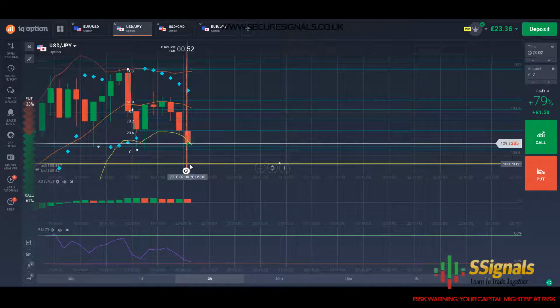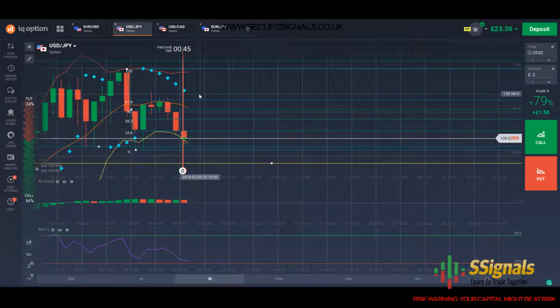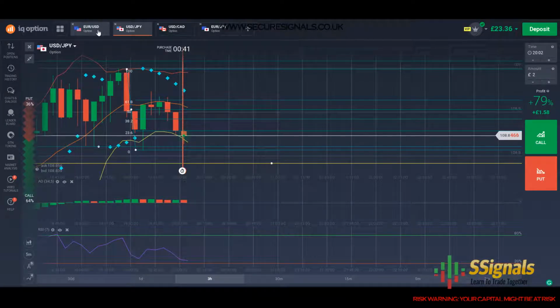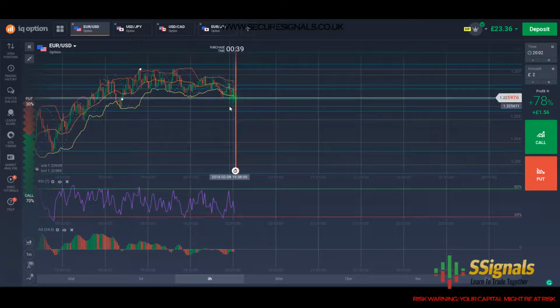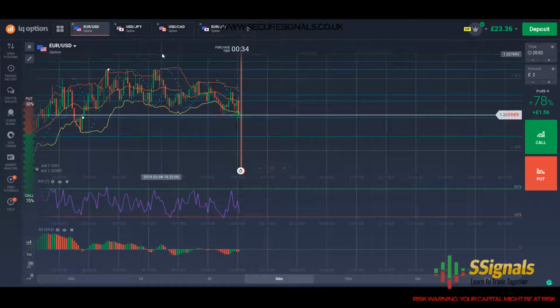If it reaches this gold level here, we're just going to enter a 2-minute call, because that was one of the retracement levels. So even though there's news, hopefully it does reach down here, and then we can enter, not news, sorry, session opening. Price did touch this level, that could be a call here, but let's not risk that.